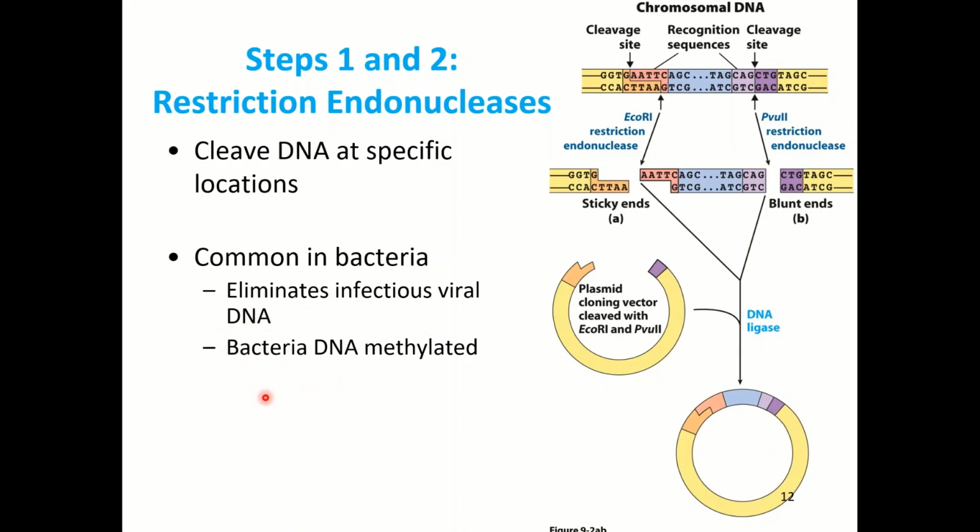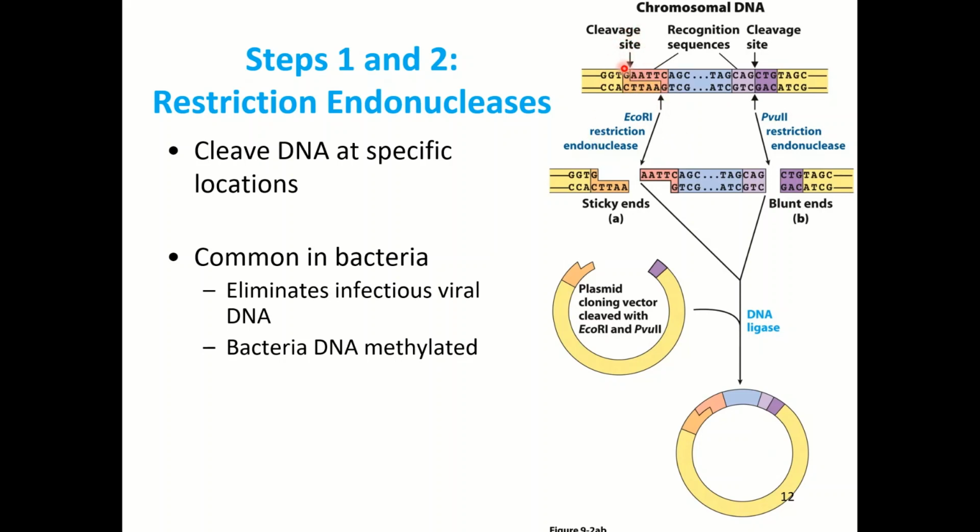Bacteria tend to methylate their DNA, and that signals that this DNA is supposed to be here. And so they have endonucleases that cut DNA that's not methylated. The picture here depicts some cleavage sites.